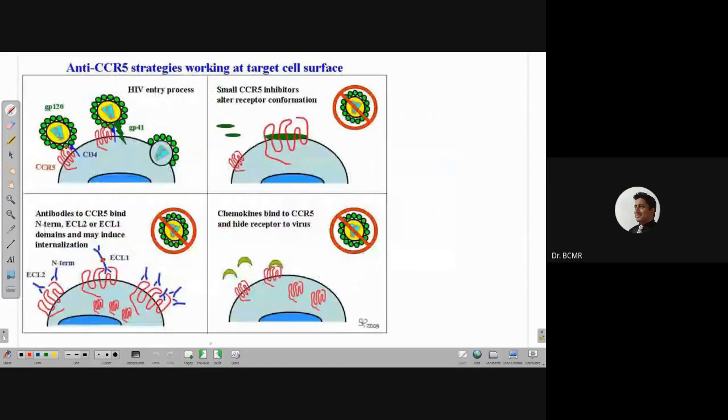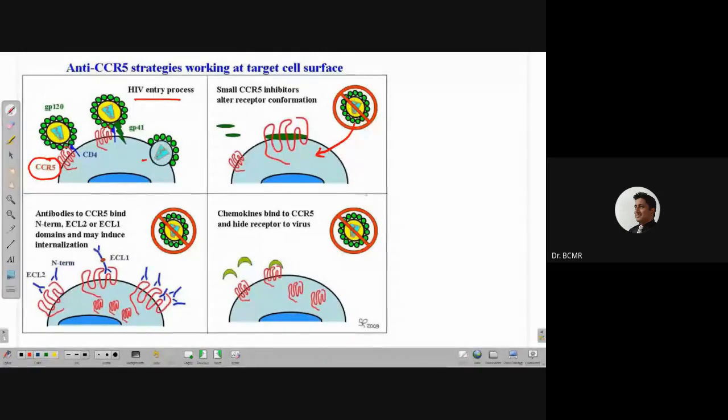In one of the previous classes, we also read that while this is the normal entry process and how infection happens, there are ways we can block it. From the Berlin patient, we understood that if there is a variant of CCR5, if we knock it out or mutate it, we can probably prevent the ability of HIV to infect the cell.